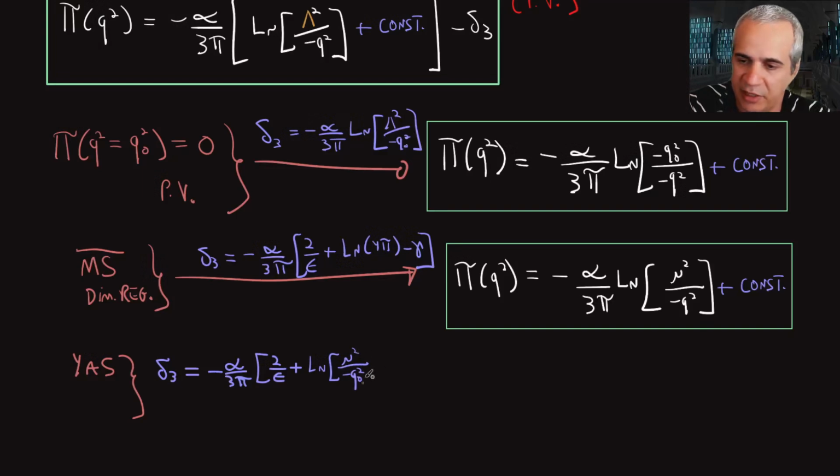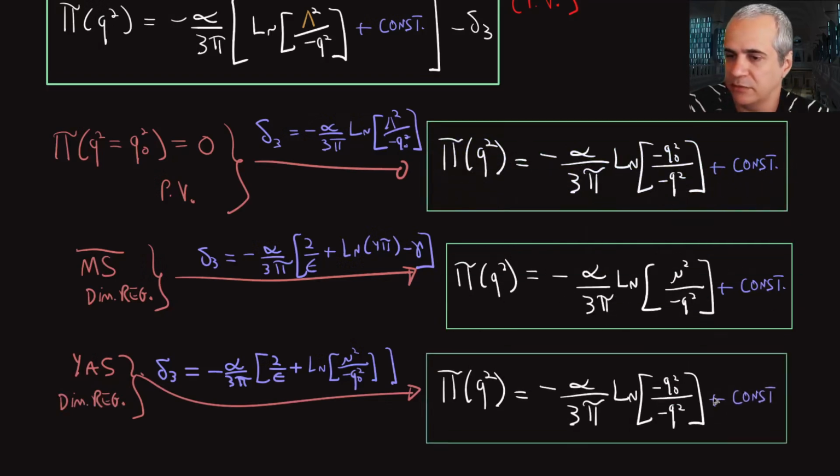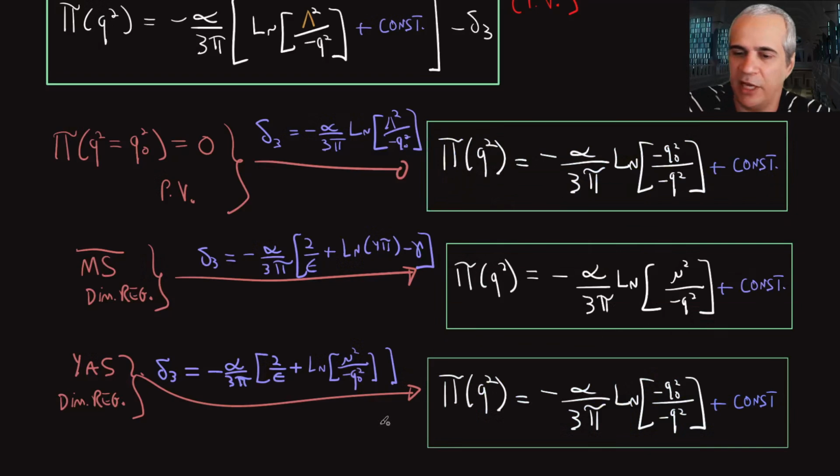This is arbitrary, this is arbitrary. I can just choose a combination of the two, right? And I apply that to dimensional regularization scheme, right? In that case, if I go to the dimensional regularization, subtract, I'll get exactly this expression. Just go there and check, right?